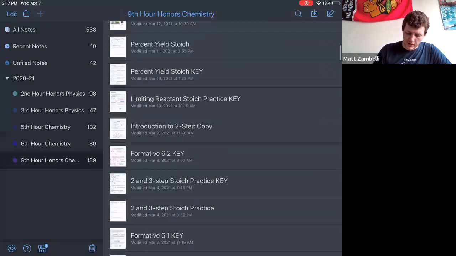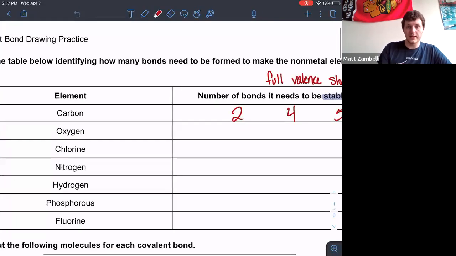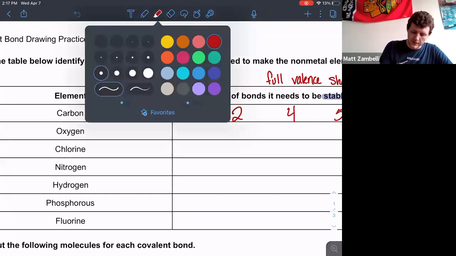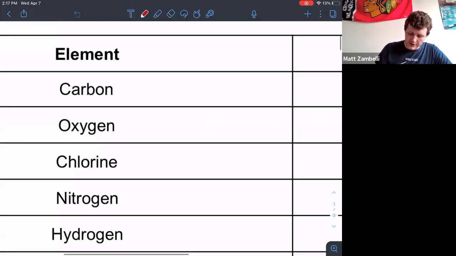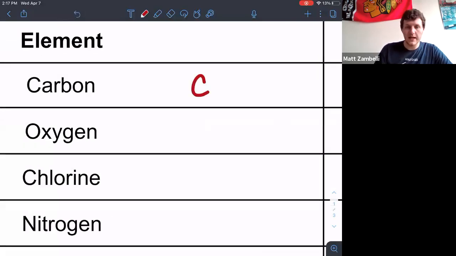If we were to draw carbon with its Lewis dot structure, we're going to draw a C, and then put 4 valence electrons on it. So 1, 2, 3, 4. How many open spots does carbon have to form bonds?